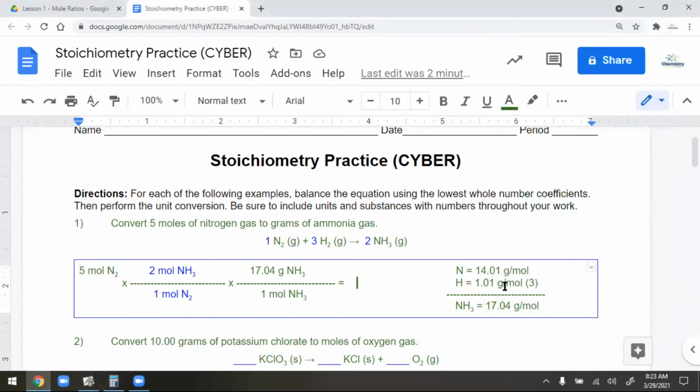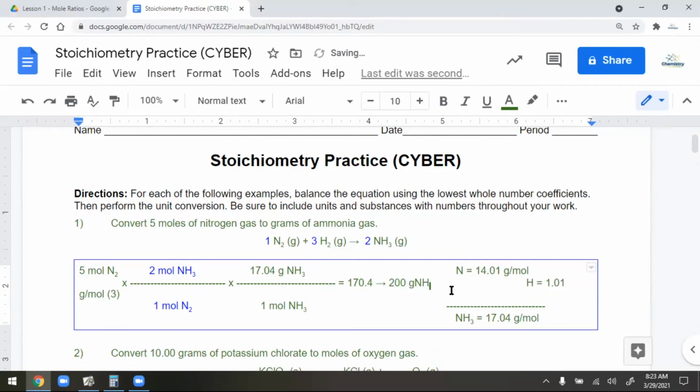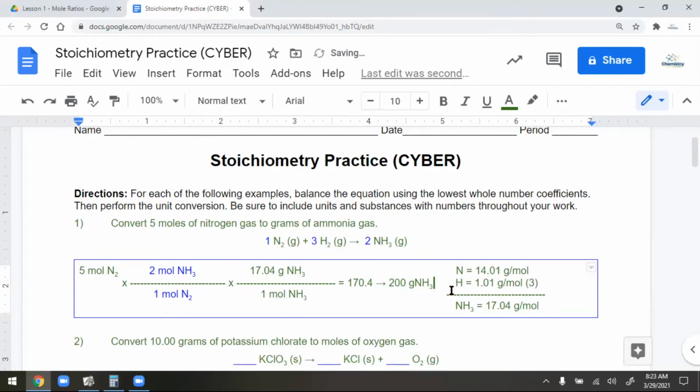Now, I am limited to just one significant figure. So 170.4 is going to become just 200 grams of NH3. Bring this back into its spot here. So my final answer here is just 200 grams of NH3.